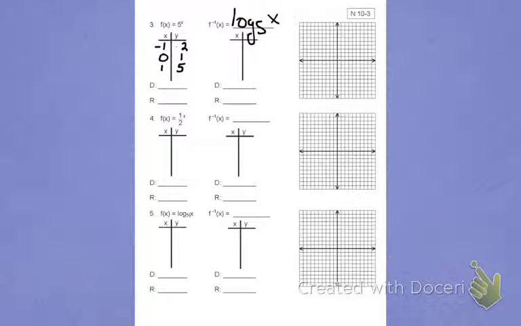So we reverse those points for the log function.